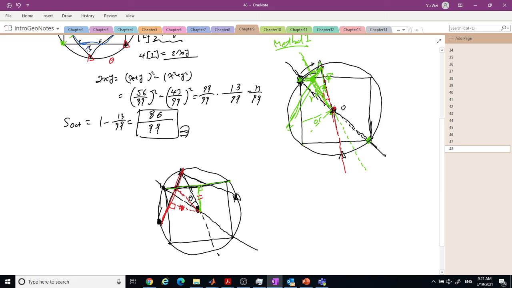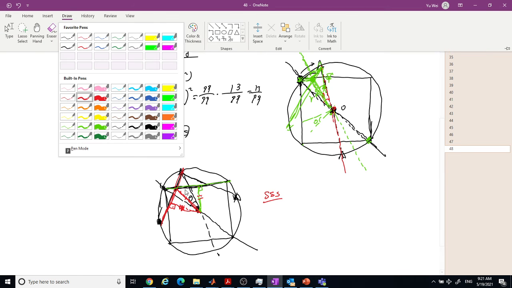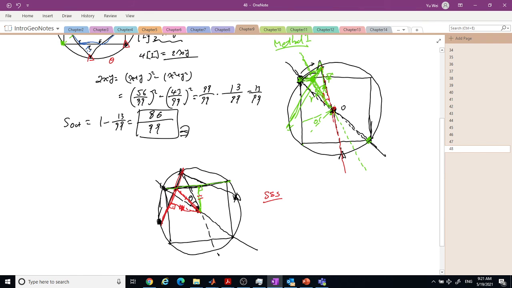So for this small right triangle and this right triangle, we have this one equal to this one. This is the common side, so of course the other side is equal. You can use SSS to prove this triangle is congruent to this triangle.